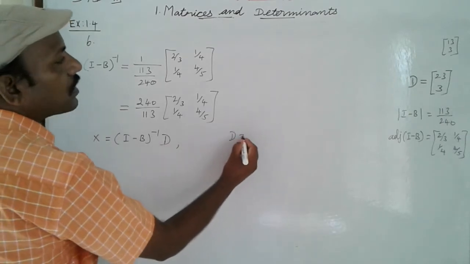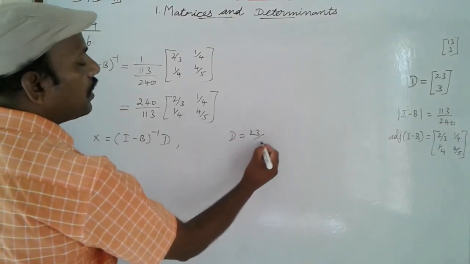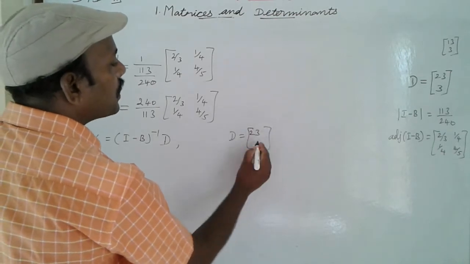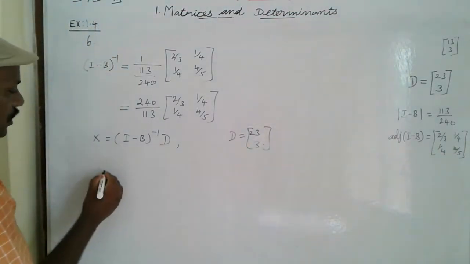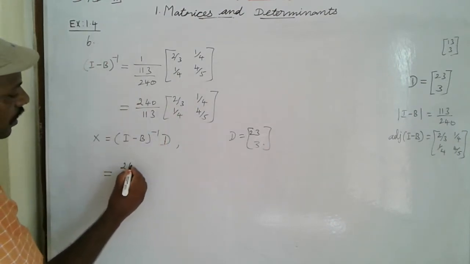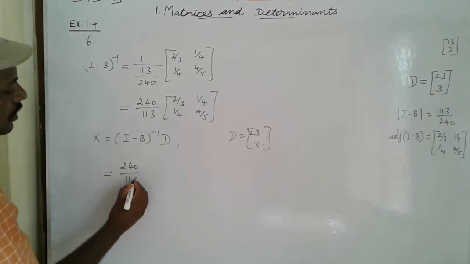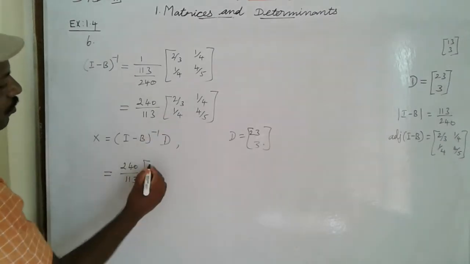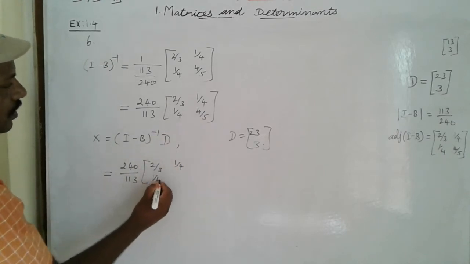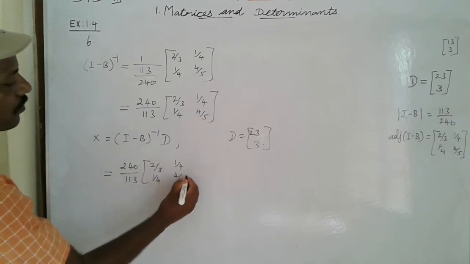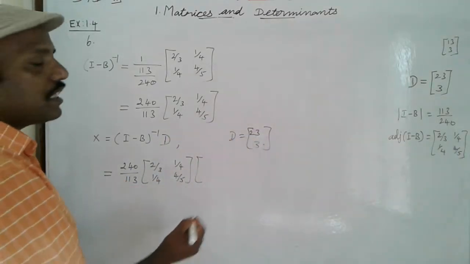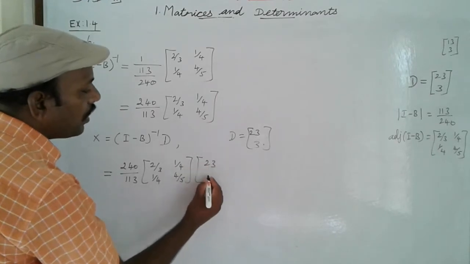So D is 23 and 3 in matrix form. Substituting, I minus B whole inverse is 240 divided by 113 into the matrix, multiplied by D, which is 23 and 3.